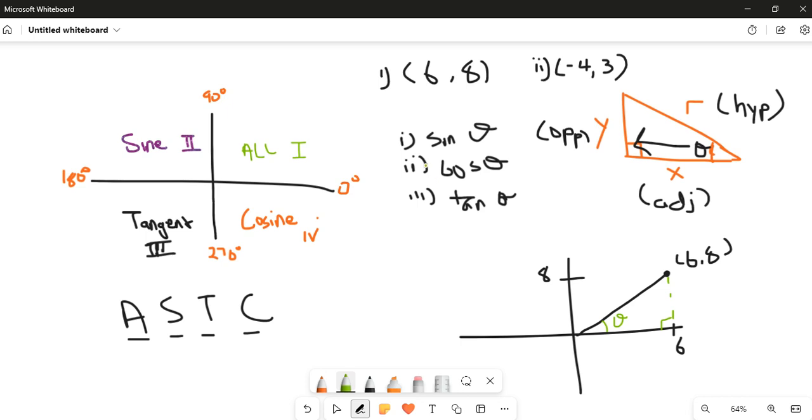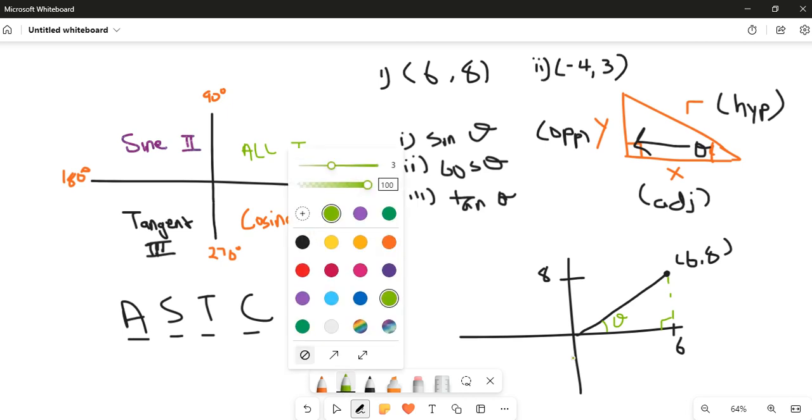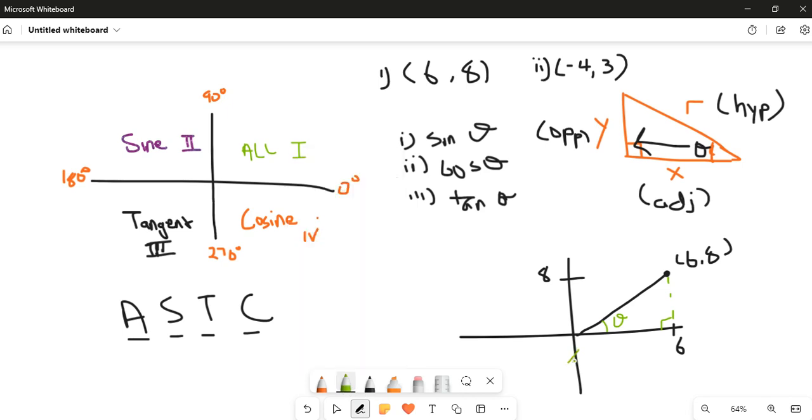Before we do that, our x, our adjacent is 6 units long, and our opposite is 8 units long. So we need to tabulate our hypotenuse, which is r.